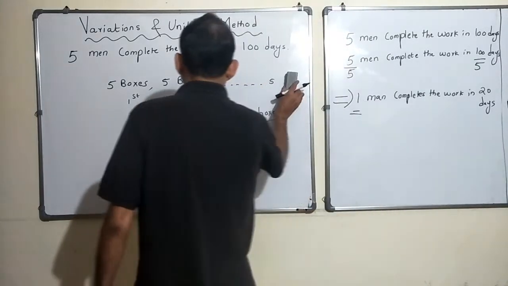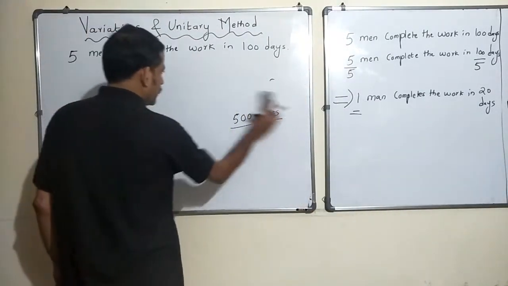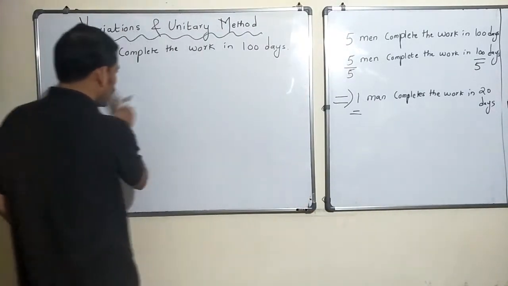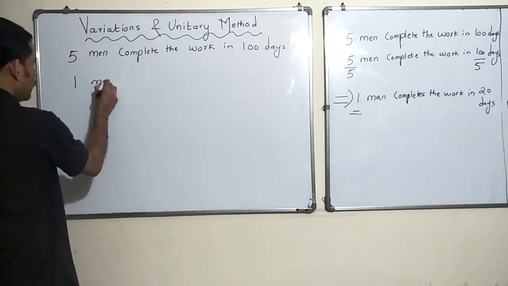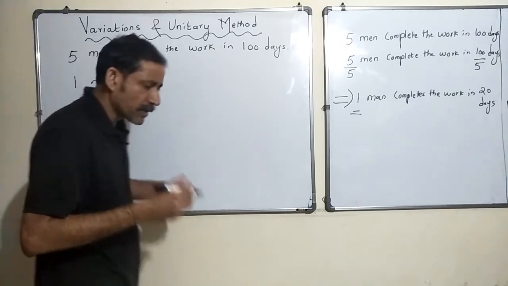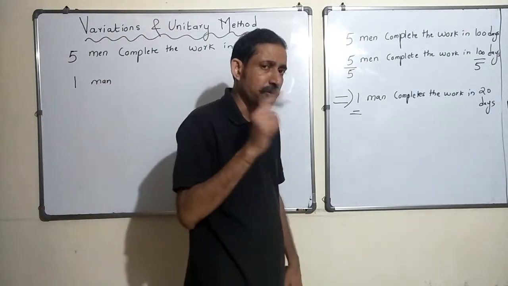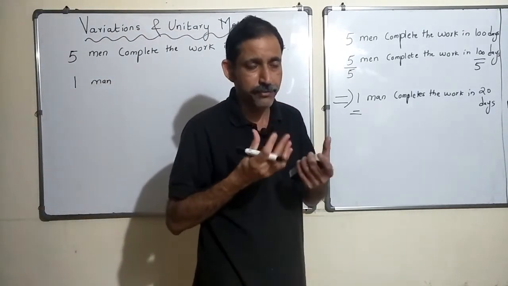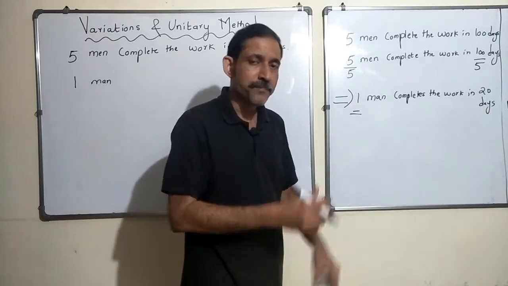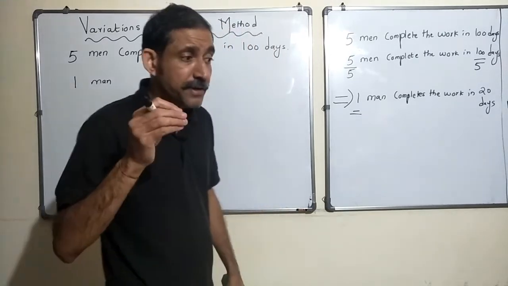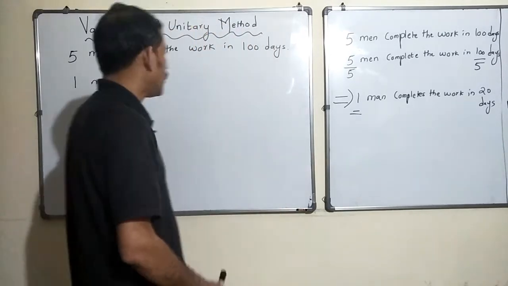Now just remember that there are 500 boxes worth of work. If one man is available to work, the first day he will come, he will be given one box, he can only finish one box in one day. The second day he will come, one more box, so he will take 500 days to complete 500 boxes, correct?